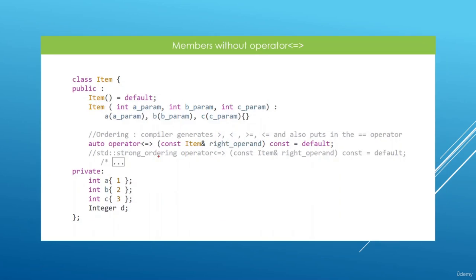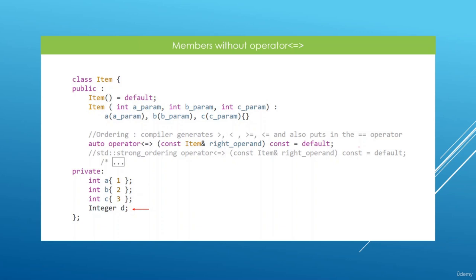We moved on and looked at a case where we have a member function which possibly doesn't implement the three-way comparison operator. If we don't have any comparison operator, be it the three-way comparison operator or the less than or equal operator, the compiler is going to see that it can't really compare the D member variables.